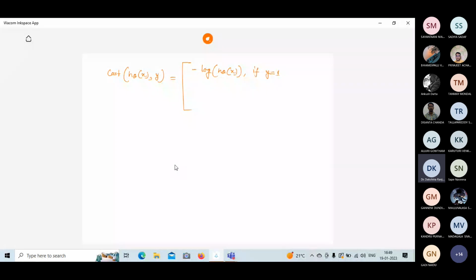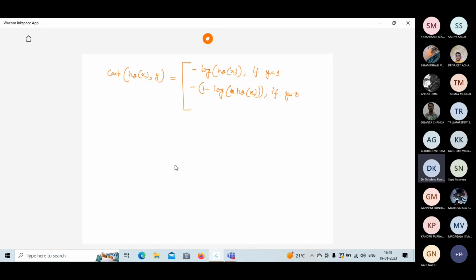That means the class level is positive 1. Otherwise we will get minus log of 1 minus h theta x if y is found to be 0.